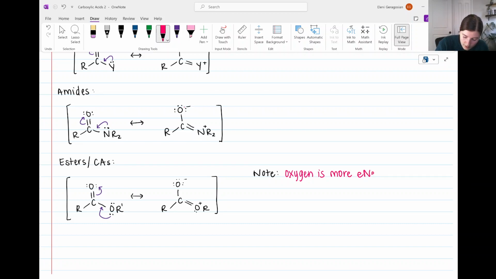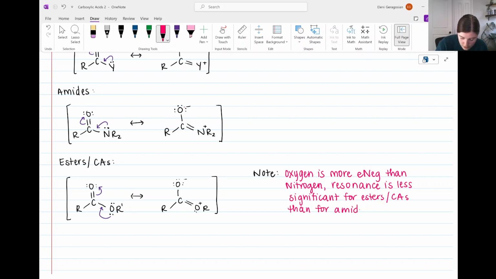Oxygen is more electronegative than nitrogen. So resonance is less significant for esters / carboxylic acids than for amides.